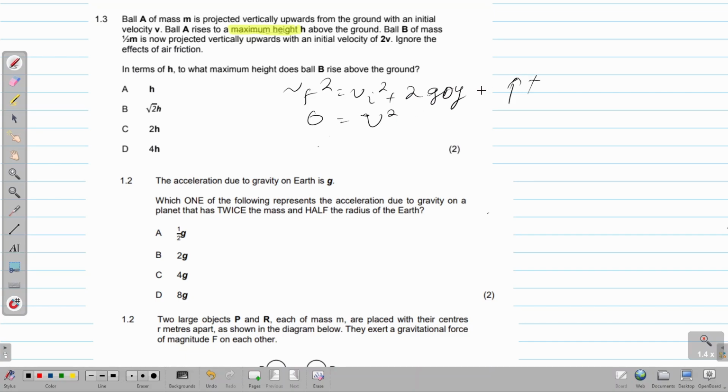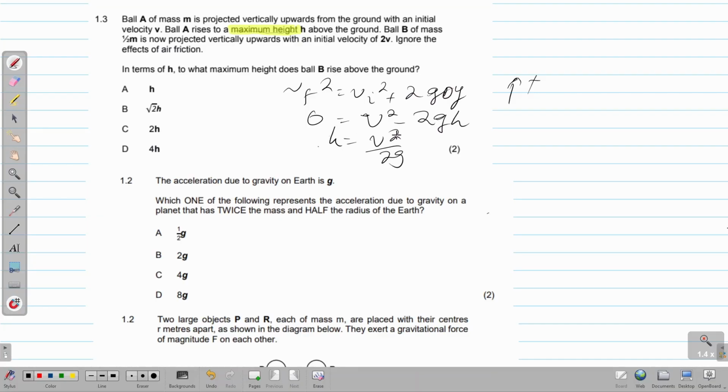Then our acceleration is negative g, and the displacement h is positive if I choose upward as positive. So then the height is v squared over 2g.